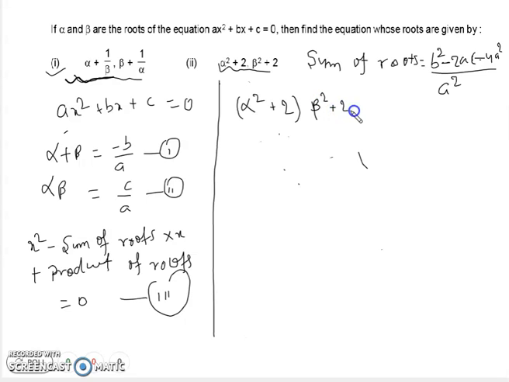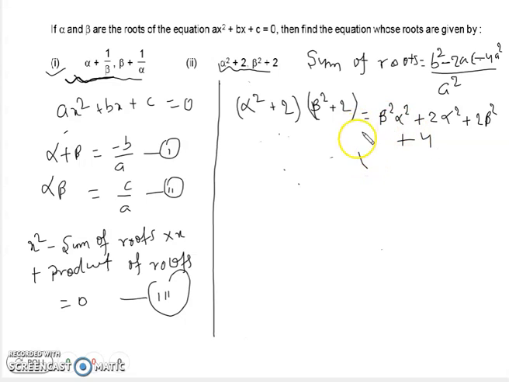After multiplying you will get the value alpha square beta square plus 2 alpha square plus 2 beta square plus 4, right?